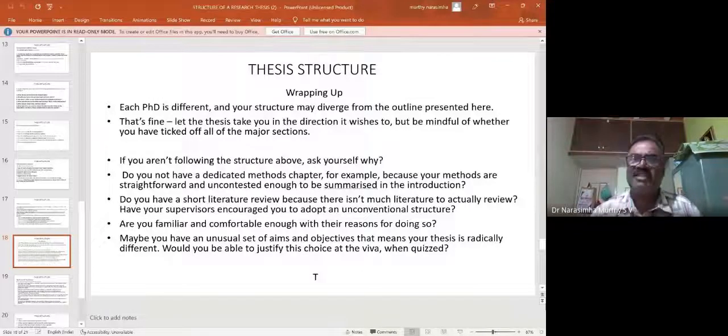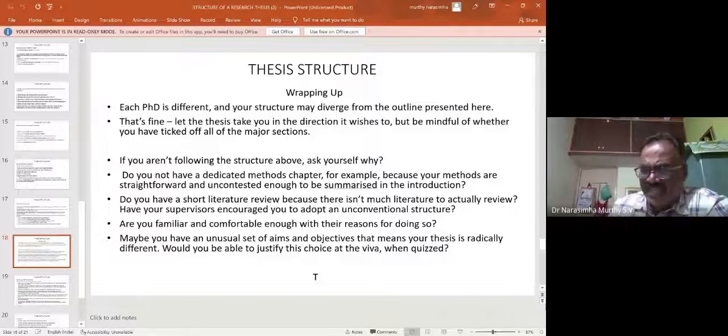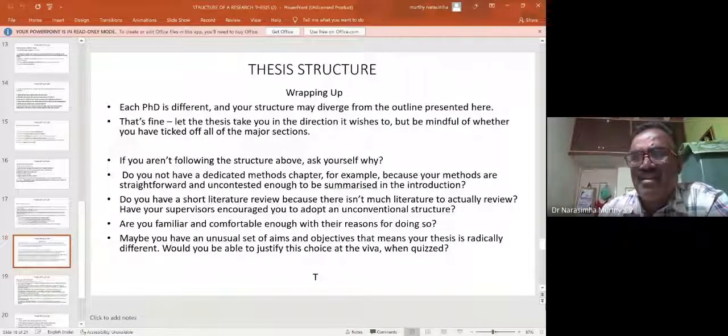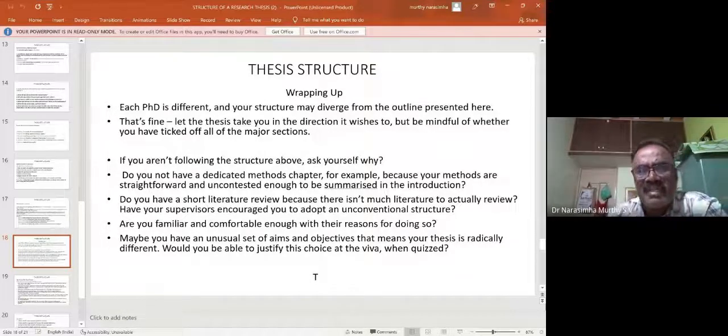Remember, each PhD is different. Each topic is different, and structure may diverge here and there. I'm not saying that this should be the structure. It's okay if your supervisor or senior researchers say, oh, what is this?